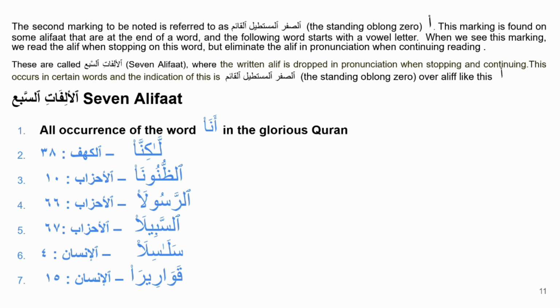These Alifat are at the end of a word, and the following word starts with a vowel letter. And when we see this marking, we read the Alif when stopping on this word, but eliminate the Alif in pronunciation when continuing the recitation.